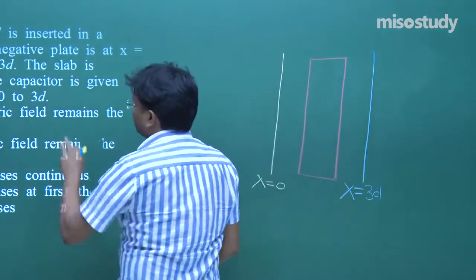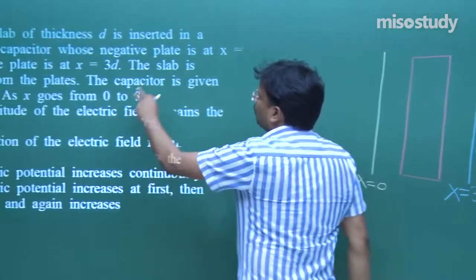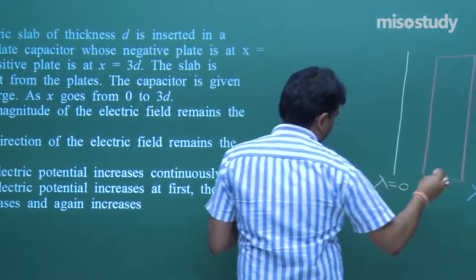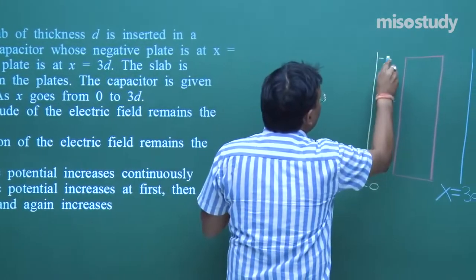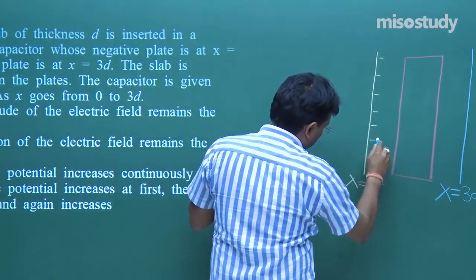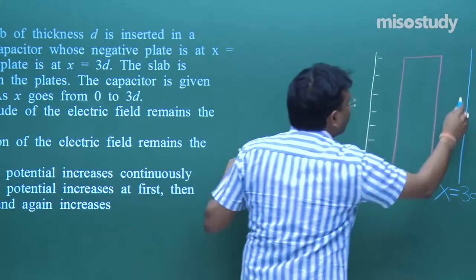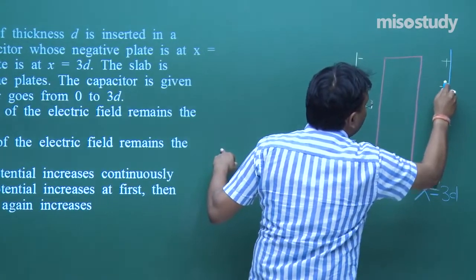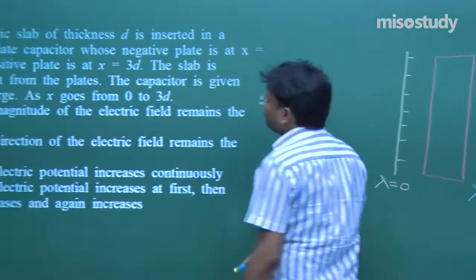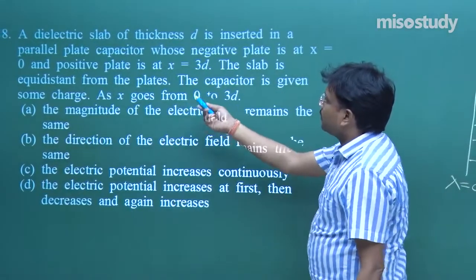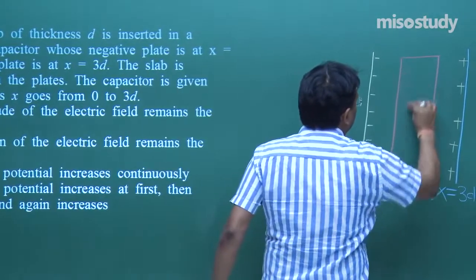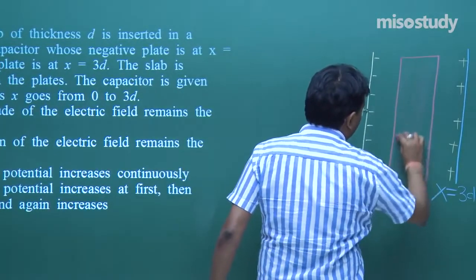Now let us read another thing. Whose negative plate is, meaning this is the negative plate and this is the positive plate. That way you can say it is negative charge, and you can say it is positive charge. Now, the slab is equidistant from the plates. So this red color is the slab, this is the dielectric slab.